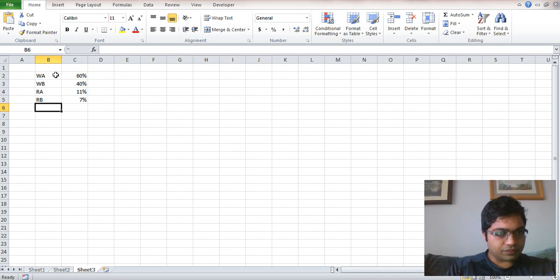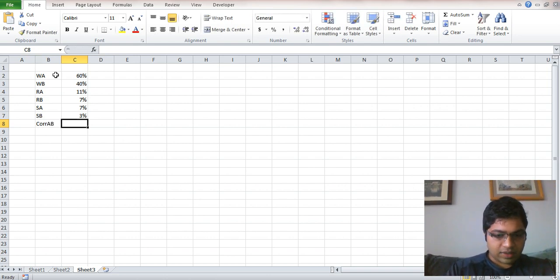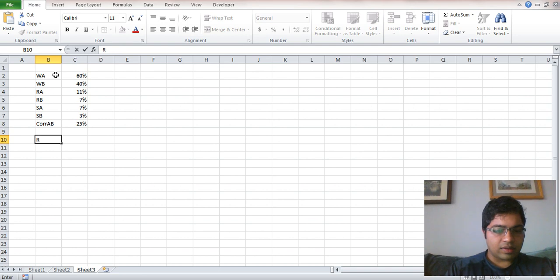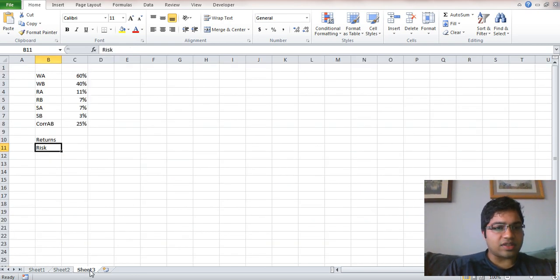Then they have given you risk of asset A, standard deviation A 7%, risk of asset B 3%, and finally correlation between A and B, it's 0.25. And the question asks to calculate portfolio returns and portfolio risk. So go back to the problem I have solved, use the same technique and try to solve this question.